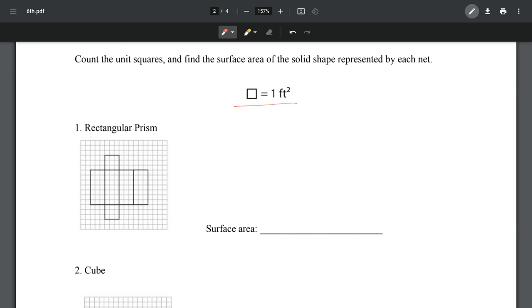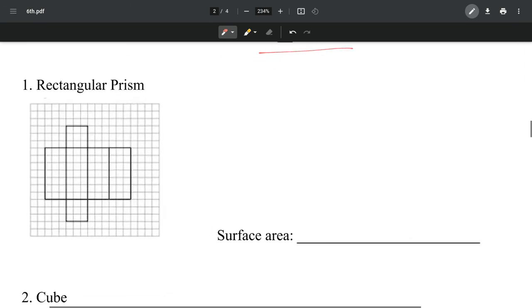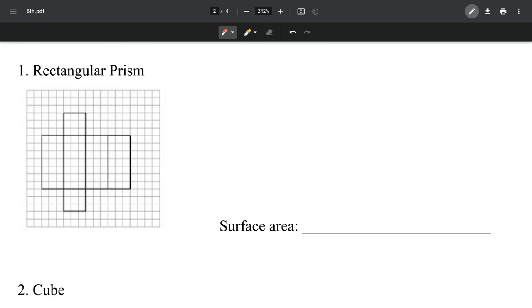We're given a rectangular prism net, and we have to find the surface area. Okay, so the surface area, we know that it is a sum of the areas of all faces, right? All surfaces. And so to find the surface area, we would have to add all the areas of all 6 surfaces.